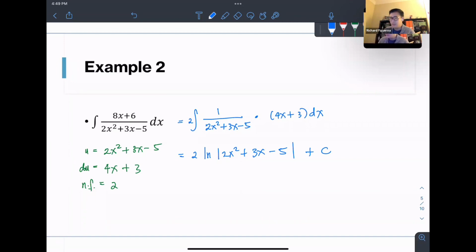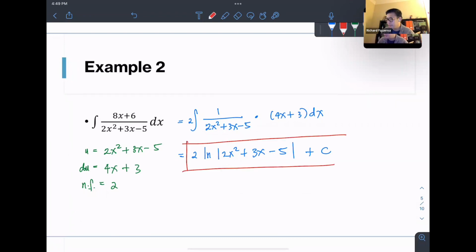Pero kung ganito siya, okay lang. Kasi there's no sense naman, di ba? Masisimplify pa siya. Okay, so did you get it? So why we have a neutralizing factor greater than 1? Kasi it is the integrand, okay, so which is in excess in comparison to the differential du.